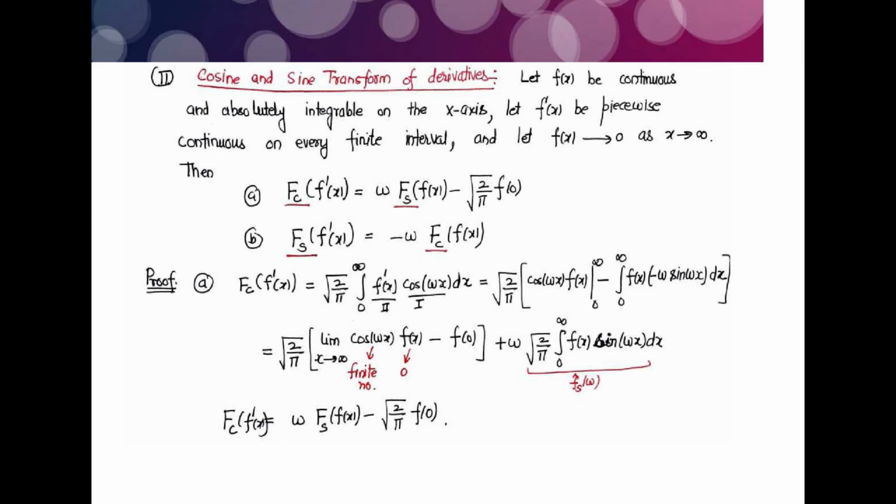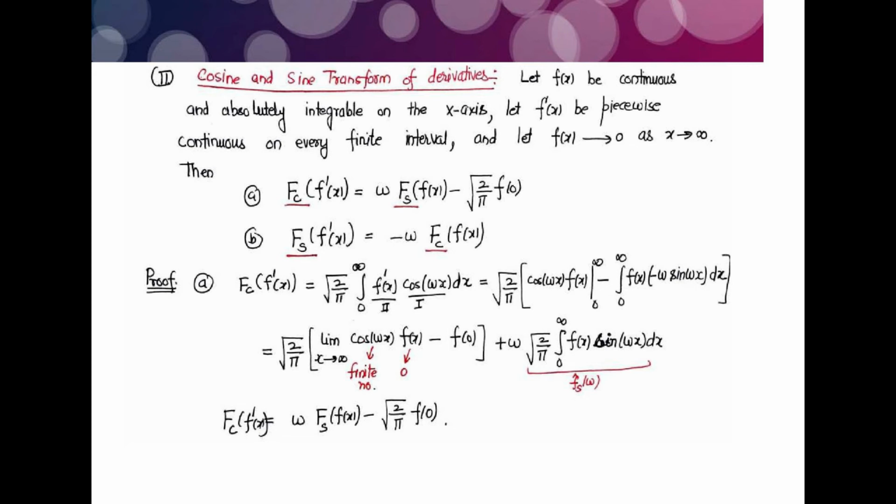Then the Fourier cosine transform of f dash x is equal to w times the Fourier sine transform of f of x minus root 2 upon pi f of 0. Then the second one, the Fourier sine transform of f dash x, is equal to minus w times the Fourier cosine transform of f of x. The proof is very easy. We just apply the definition, integrate it, and we get the result.